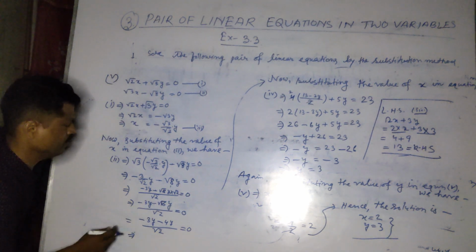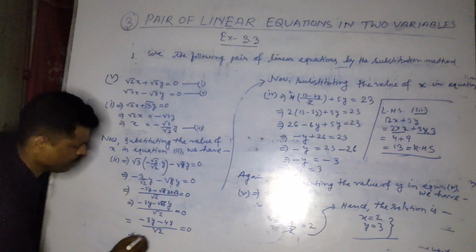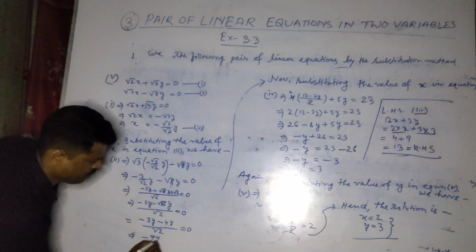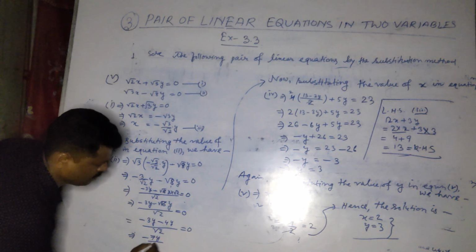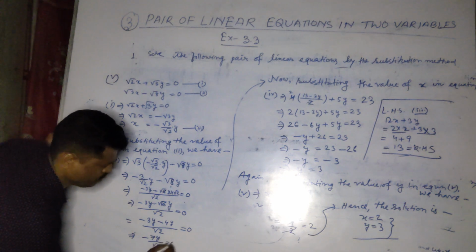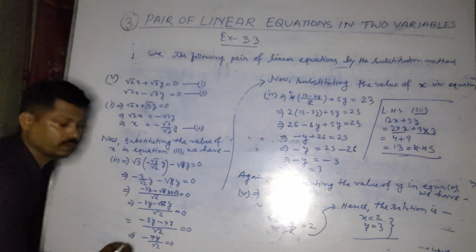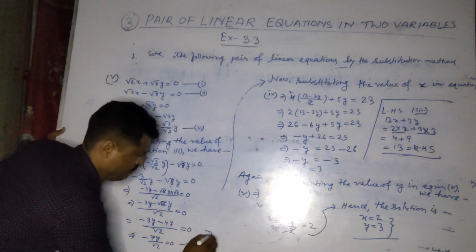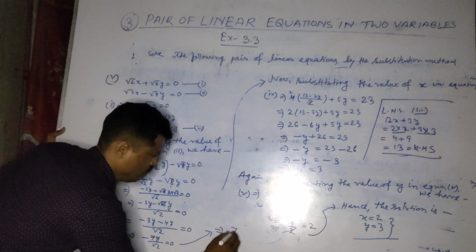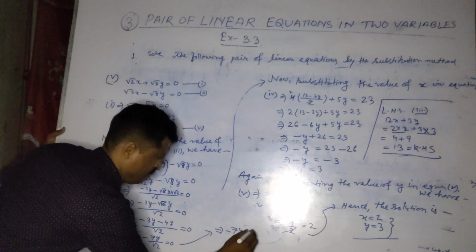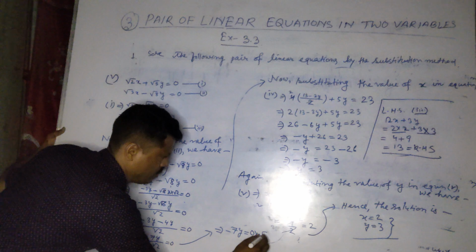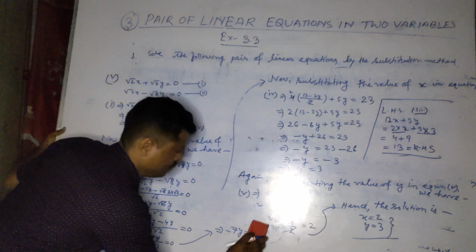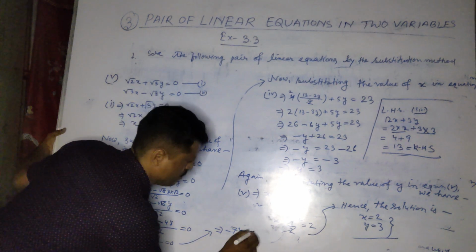Minus 3y minus 4y, in total minus 7y, divided by root 2 is equal to 0. Then minus 7y is equal to 0 into root 2. 0 into root 2 means 0.